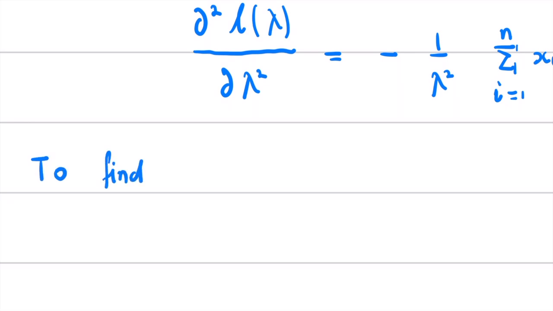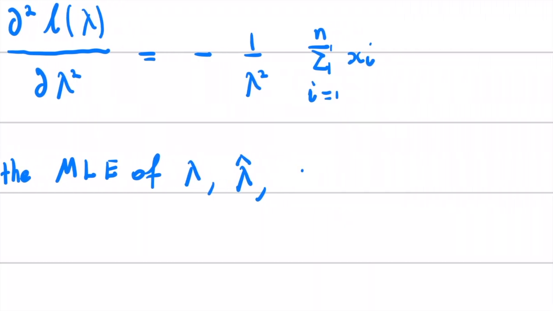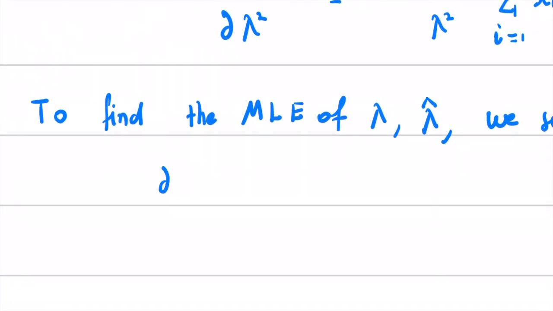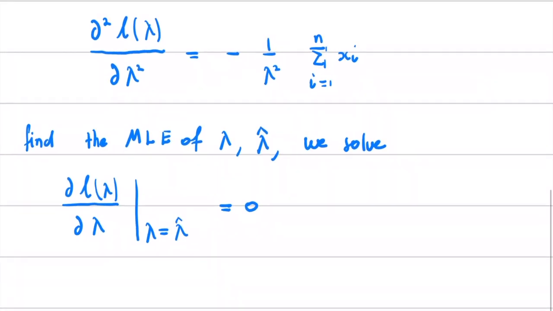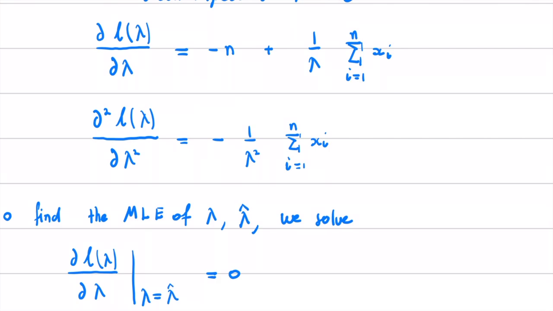So to find the MLE of lambda, which we denote lambda hat, we solve the following expression: dl of lambda over d lambda evaluated at the maximum likelihood estimate is equal to 0. So now we're going to take the expression that we had above.